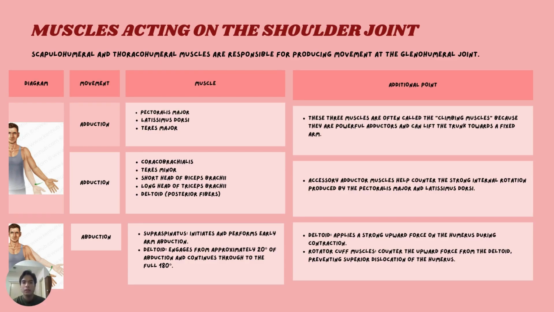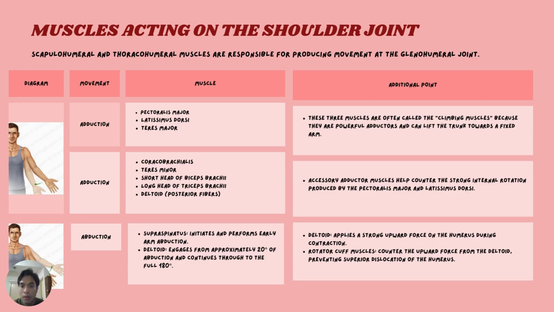The adduction is produced by the pectoralis major, latissimus dorsi, and teres major muscles. Together, these three are known as the climbing muscles, as they are powerful adductors. Alternatively, they can lift the trunk up towards a fixed arm.